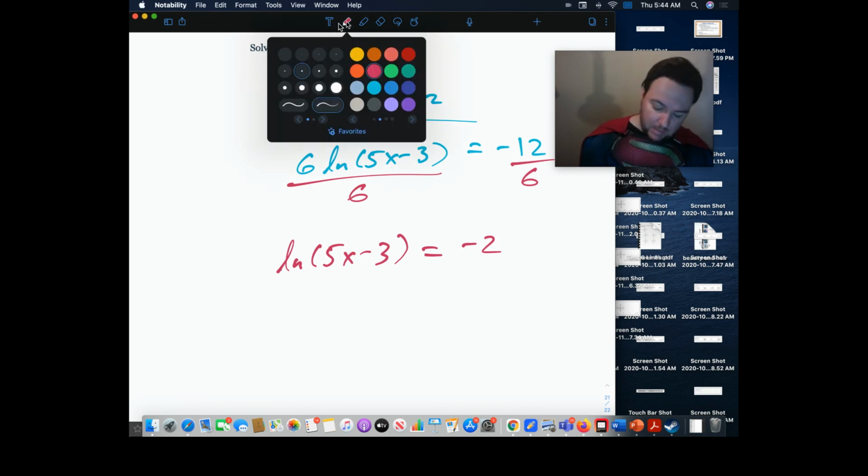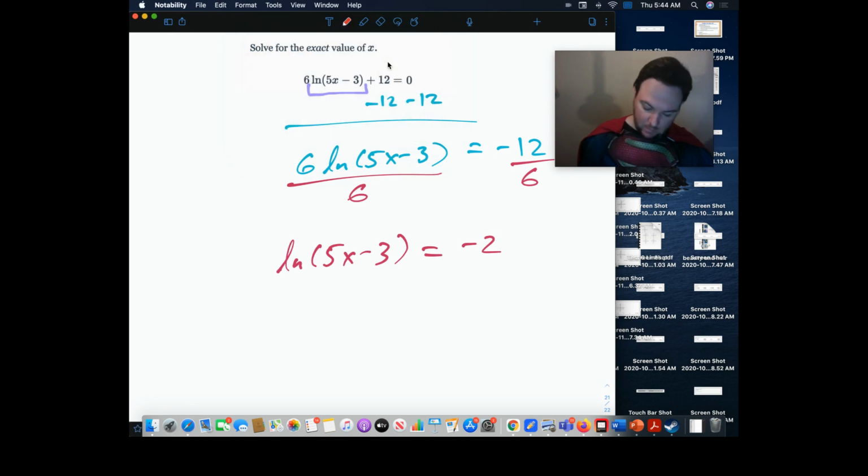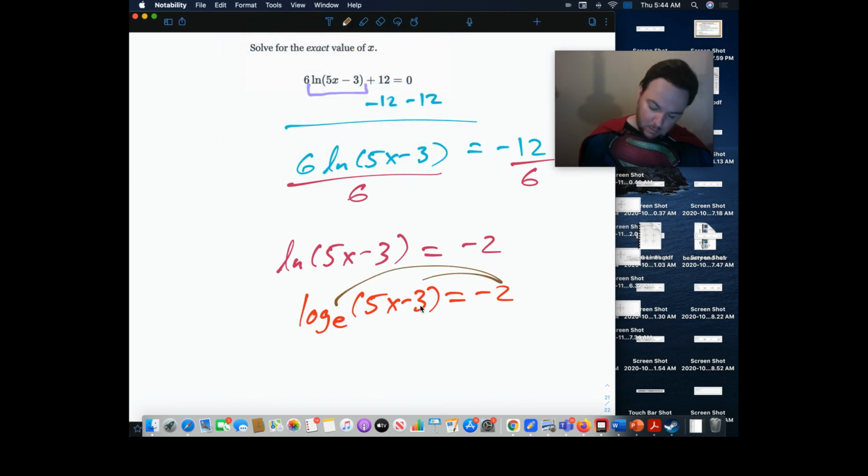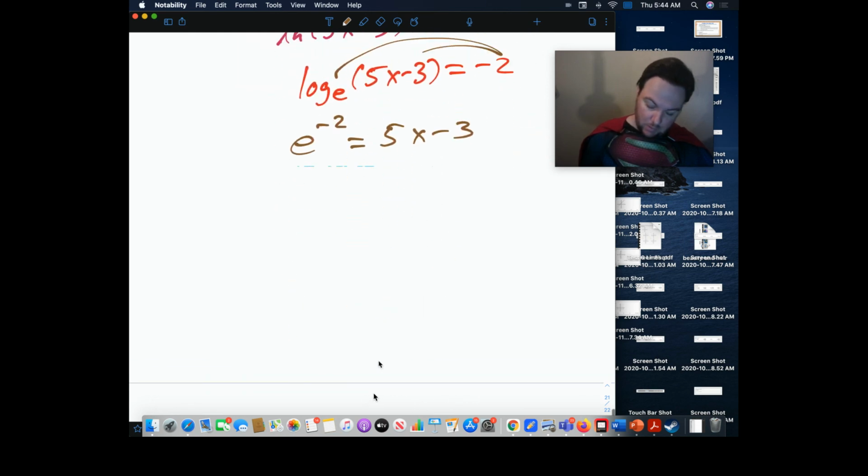Now, I'm going to solve this. If you're looking at this and you're like, man, how do I solve this? Remember, natural log is just log base e. So log base e of (5x minus 3) equals negative 2, and then we claw it, so we get e to the negative 2 equals 5x minus 3. And then we just solve this.